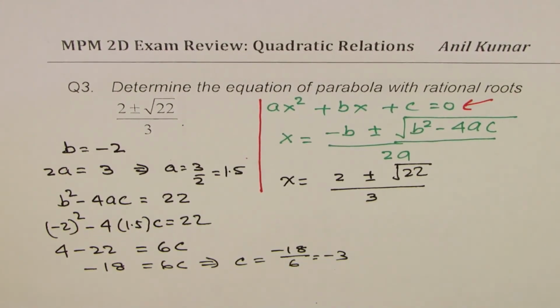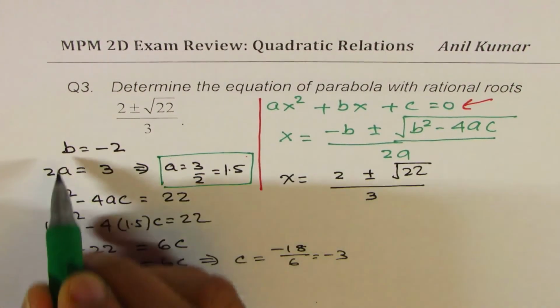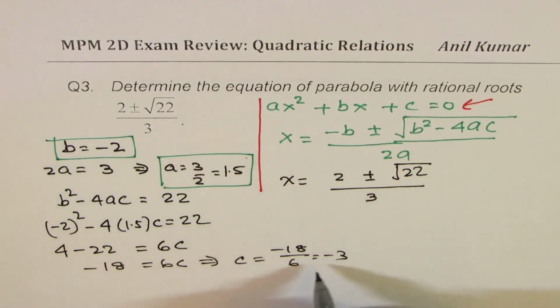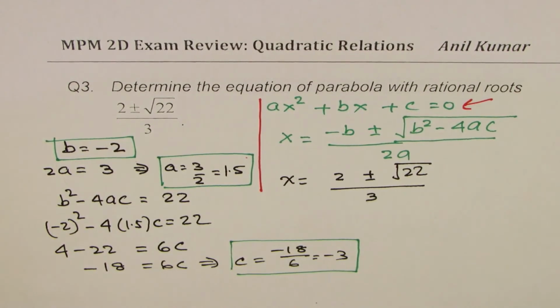Correct? So once we know all that, we know now what c is, what a is, what b is. So we found that a is equal to 1.5, b is equal to minus 2, and c is equal to minus 3. Perfect.